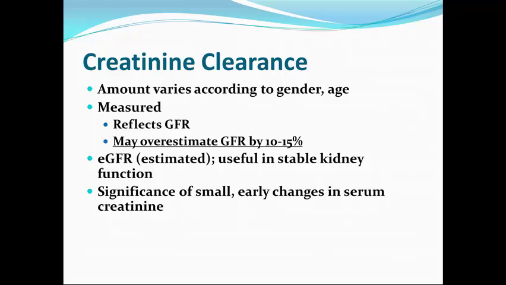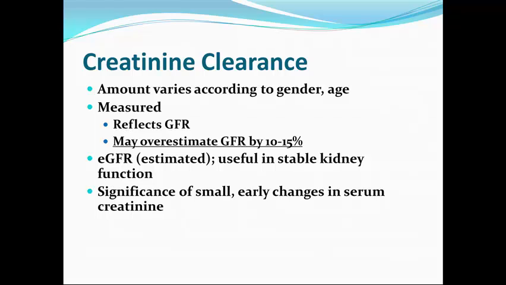When we measure the creatinine clearance, this is a reflection of the glomerular filtration rate. However, because the kidneys are able to filter a higher load of creatinine, and because it takes time for creatinine to actually increase in the serum, the creatinine clearance may overestimate the glomerular filtration rate early in disease processes by 10 to 15%. We also use a measure called the estimated glomerular filtration rate.